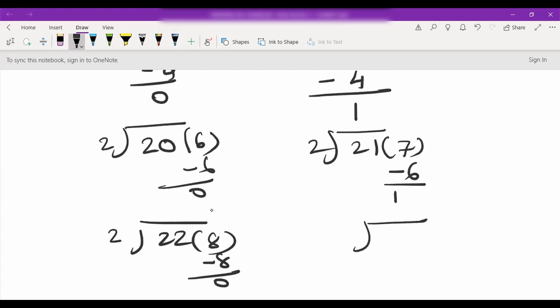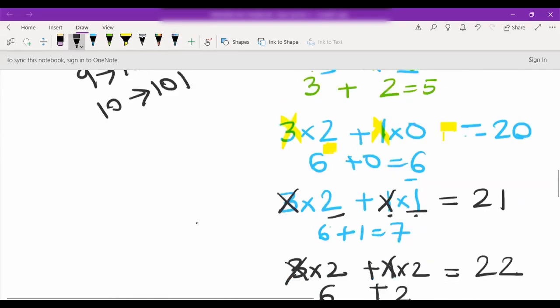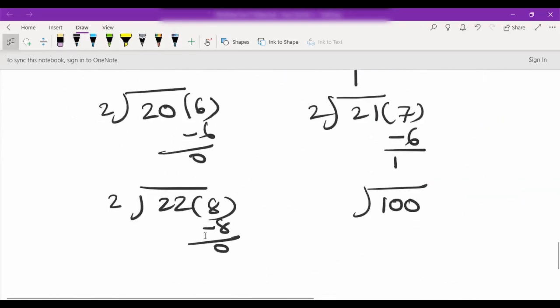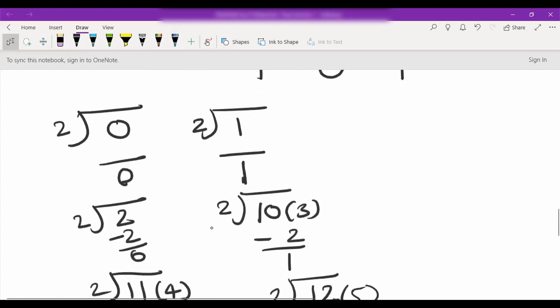And number 9 in the ternary number system is 100. You can cross check here also. The number 9 is 100. When it is divided by 2, we are getting remainder 1. As we discussed in the previous solution, we are having the same category.